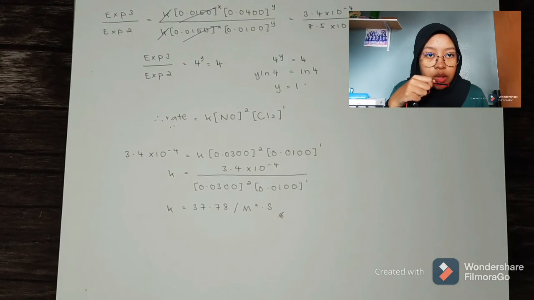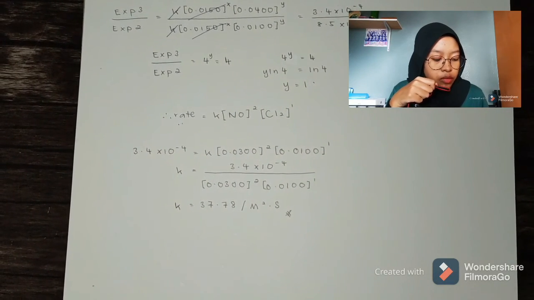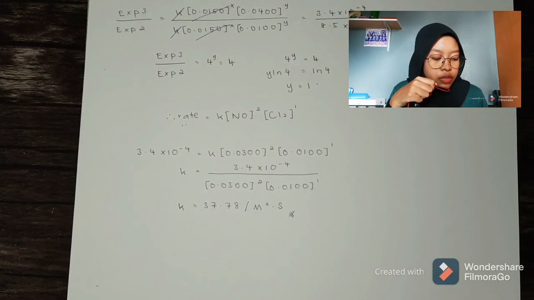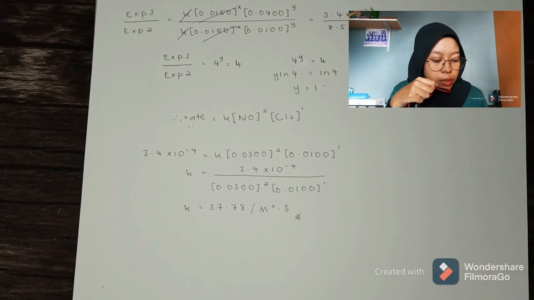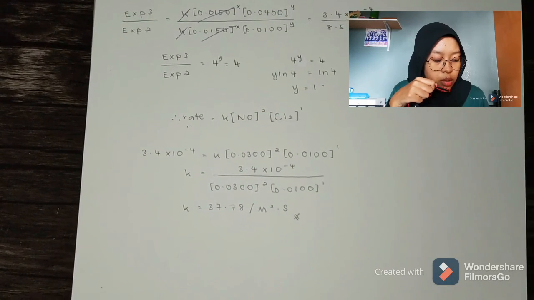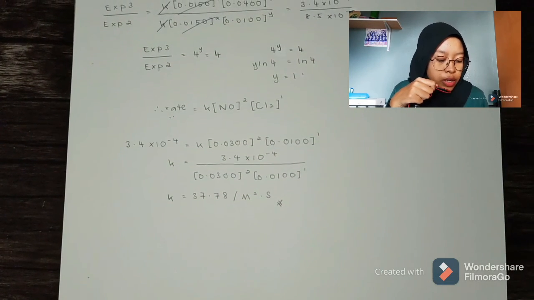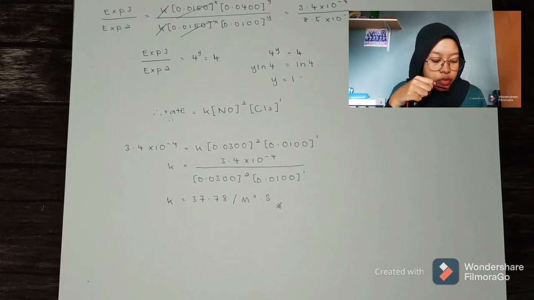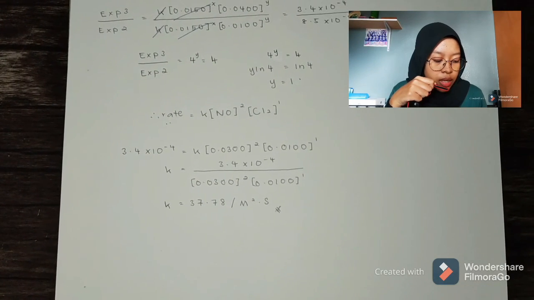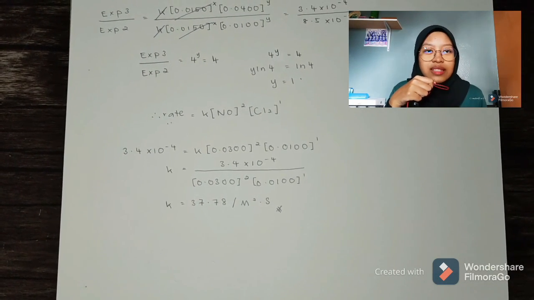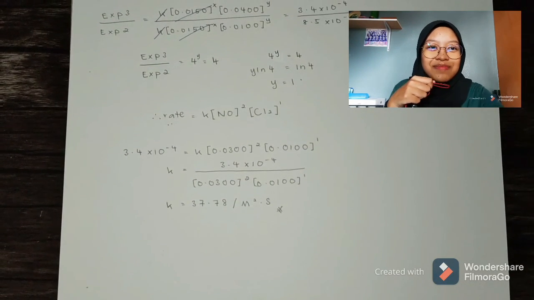To find the value of k, we divide 3.4 times 10 to the power of negative 4 by 0.0300 to the power of 2 times 0.0100 to the power of 1, and we will get the value of k, which is 37.78 per molar squared per second. So this is our final answer. Thank you.